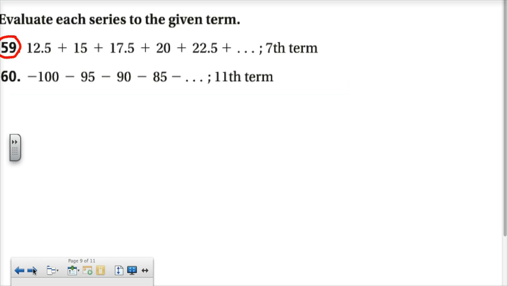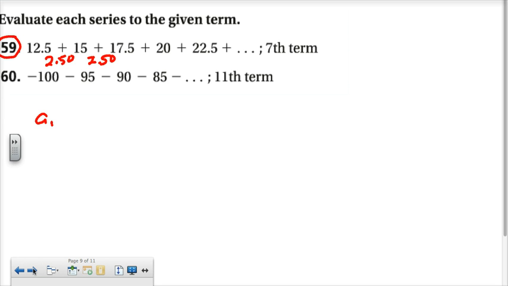59 says evaluate each series to the given term. All right, so what I'm trying to figure out is, is this arithmetic? Is it geometric? What's going on here? So from $12.50 to $15, we're adding $2.50. From 15 to $17.50, again, we're adding $2.50. So I notice this is arithmetic.